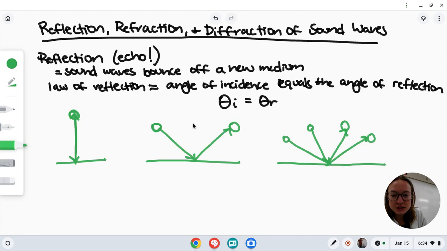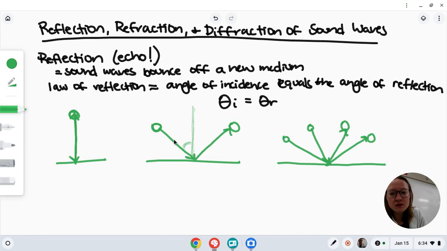Let me show you how we label these angles. We always label these angles from a point called the normal. The normal is a line that is perpendicular to the surface that the object is bouncing off of. So this is my normal. This is my angle of incidence, the angle of the bounce from the normal.